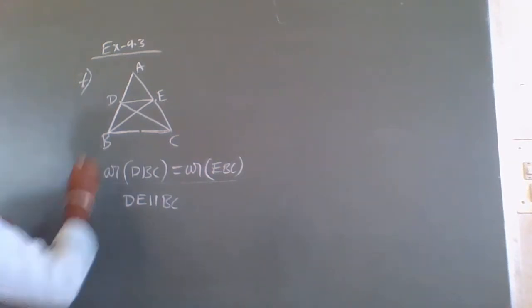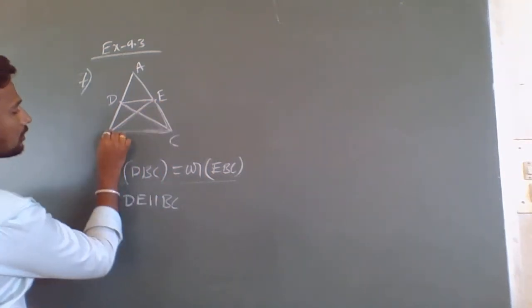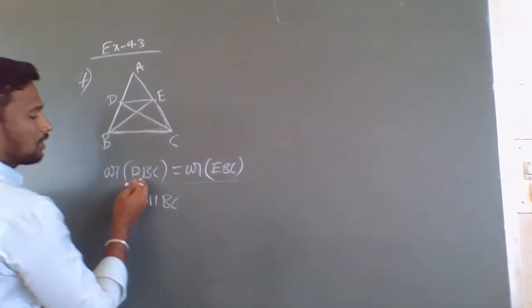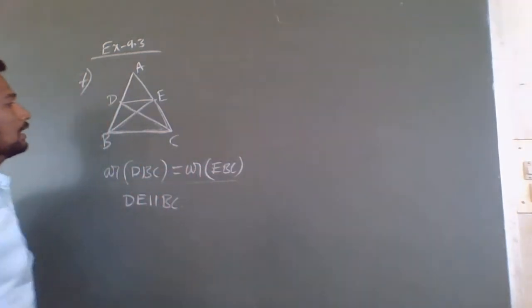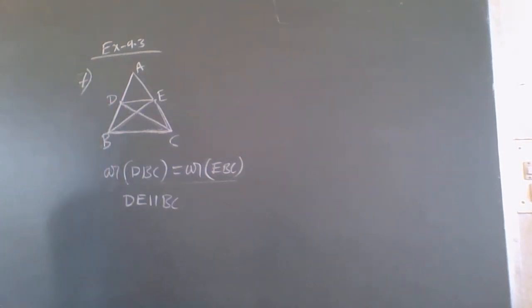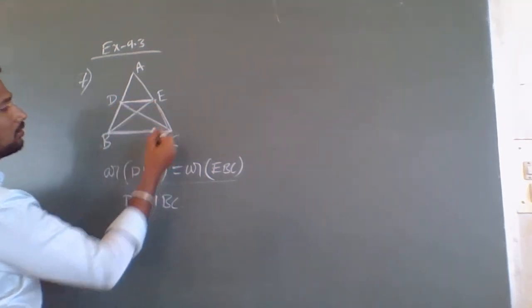Listen carefully. These two triangles are on same base BC and these two triangles are equal in area means these two triangles should be between same parallel lines. Therefore, what you can write this DE is parallel to BC.